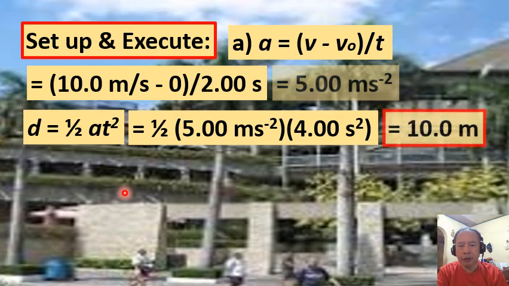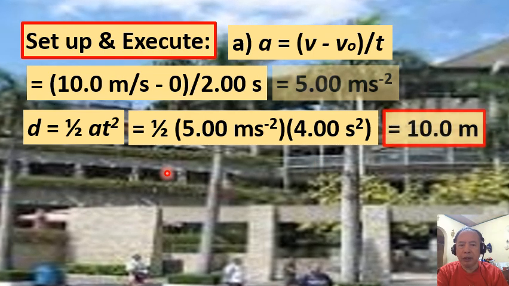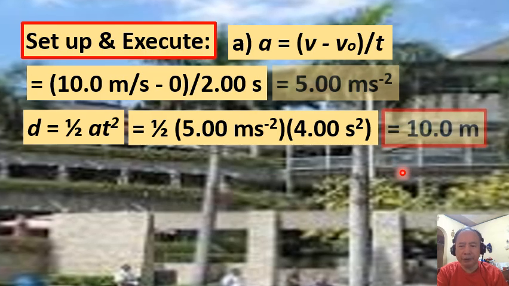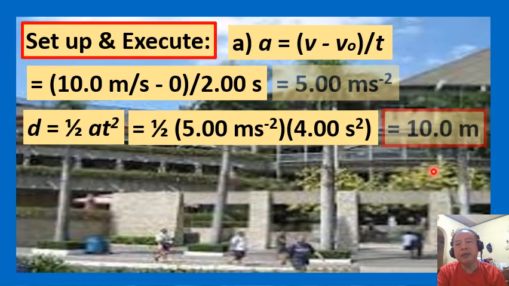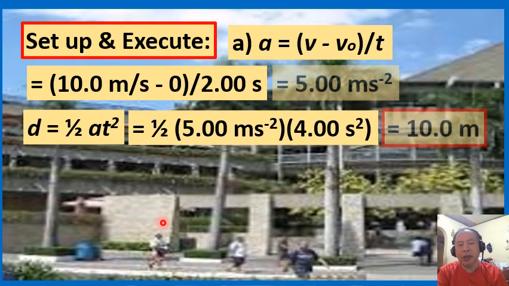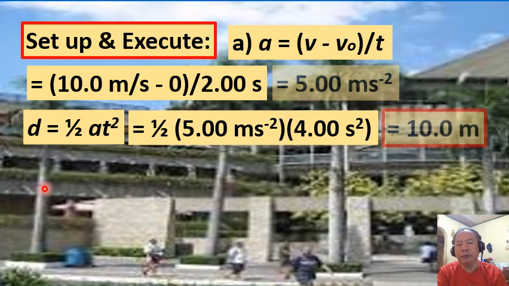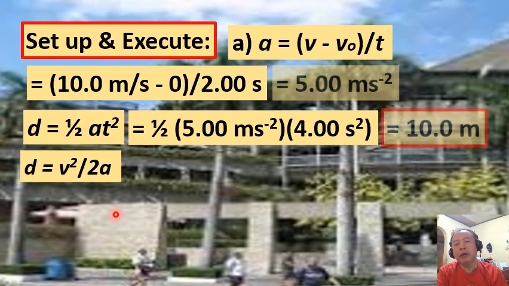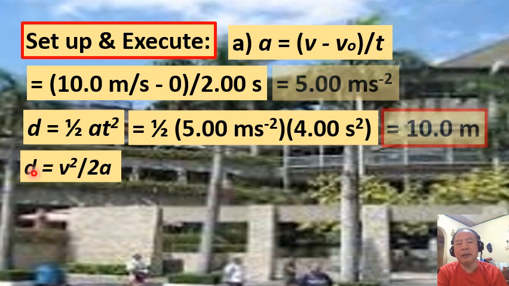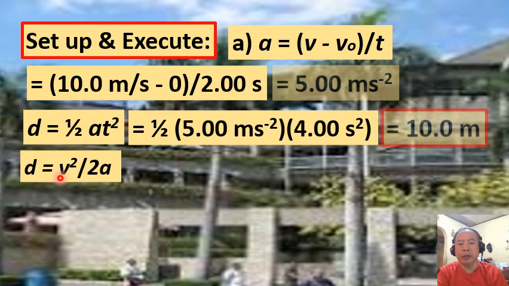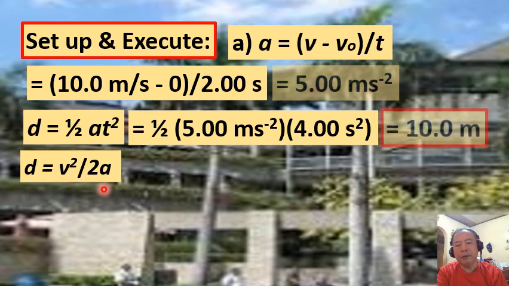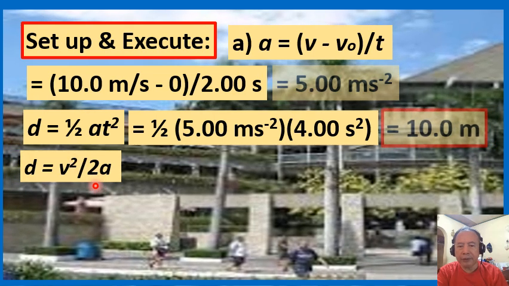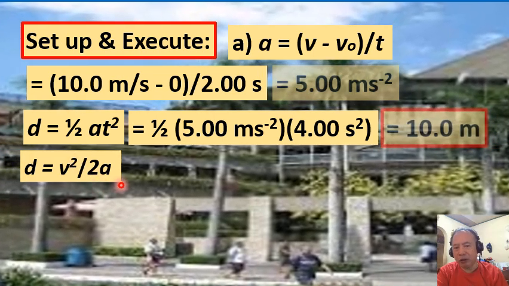Now, just to show you that in determining the distance covered by the sprinter while accelerating, we have two other equations or formulas. One of the alternative formulas is given here. Distance can also be computed by dividing the square of the final speed, v squared, over twice the acceleration.